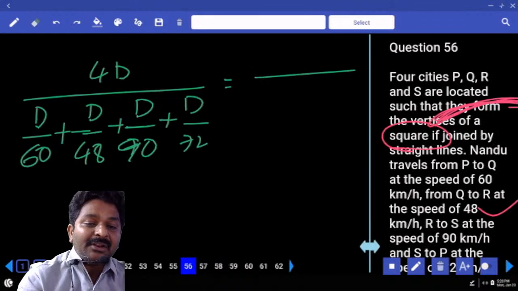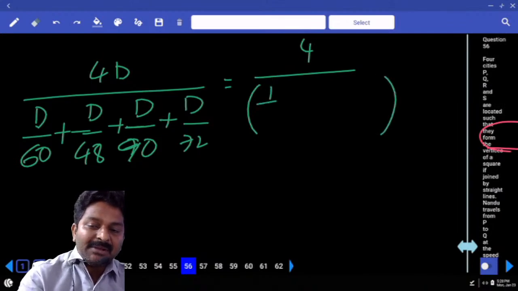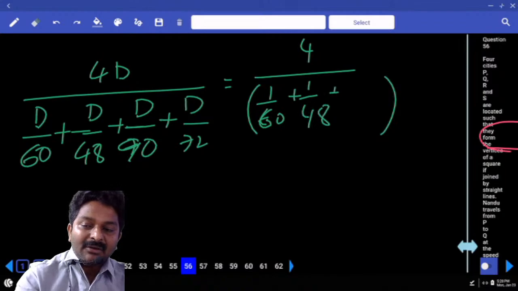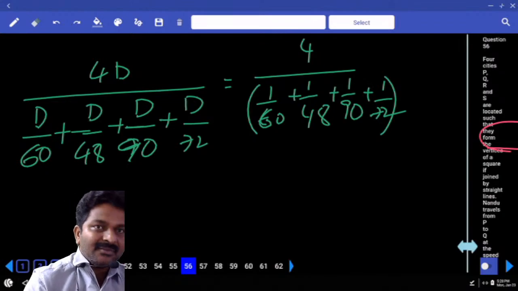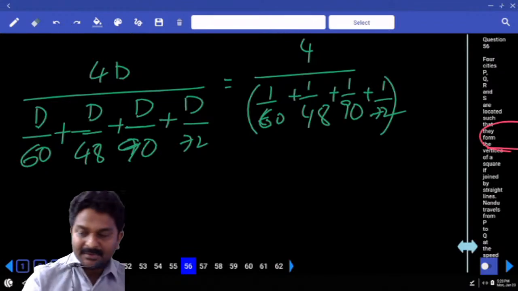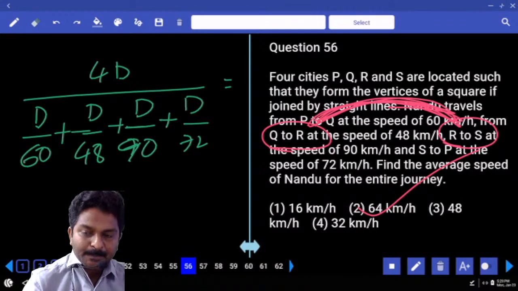In the numerator you can take D common and 4 is left. In the denominator also you can take D common and it becomes 1 by 60, 1 by 48, 1 by 90, 1 by 72. You need to simplify this and get the answer. Right? I'm just using total distance by total time taken.